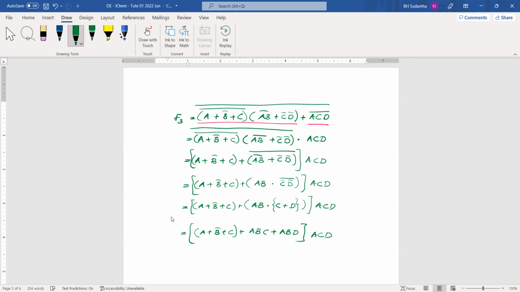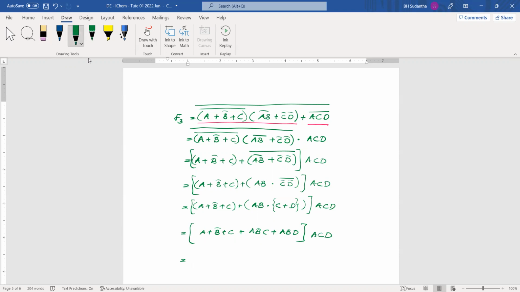This is ACD. Shall we write one step removing this one? No, it's not necessary. So we can remove these two brackets also. Here we have plus. And finally, we can multiply all these things by ACD.